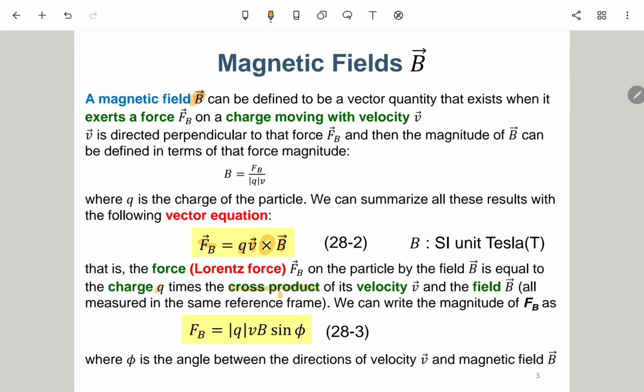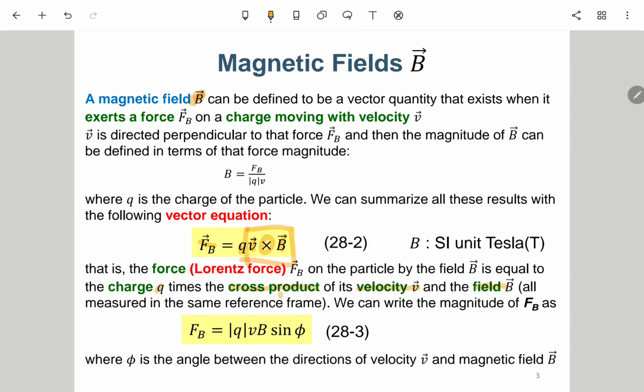The q is the charge amount you are familiar with, v is the velocity of the charged particle, and it is crossed with the B field, then multiplied by q to become F_B.